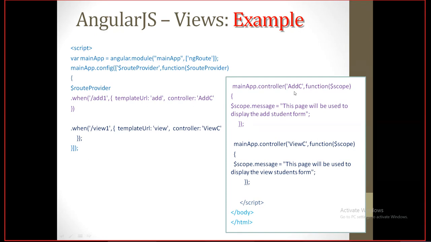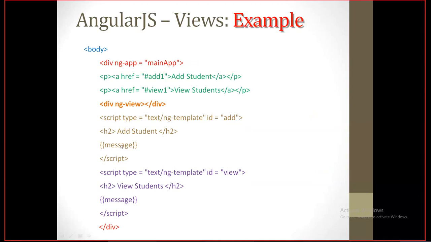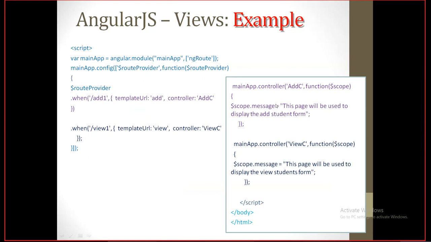So in the first controller addC, what exactly are we doing? We are trying to initialize some application variable called message. Here you saw this message is an application variable of this mainApp, and the value for that variable is being provided over here through the controller.